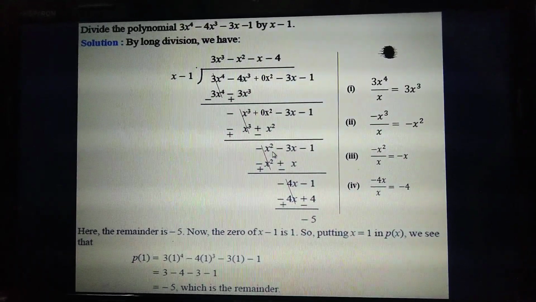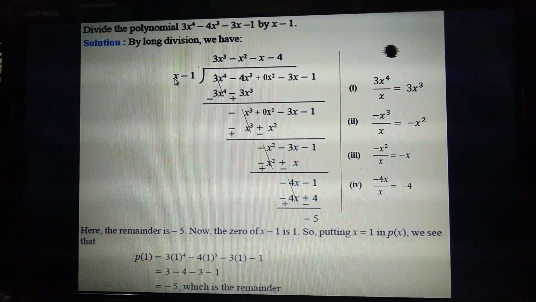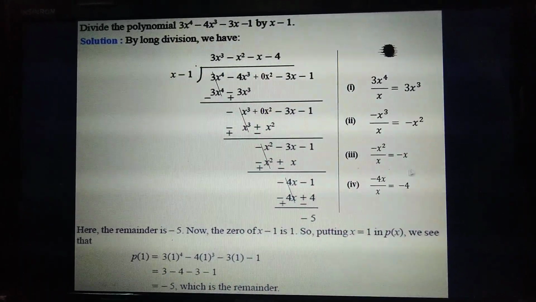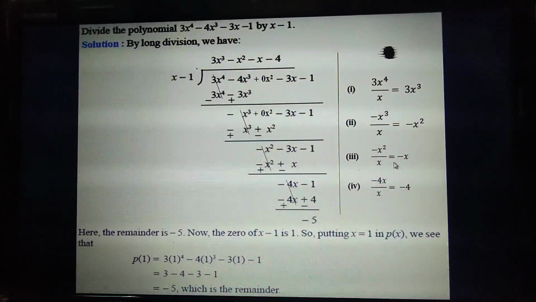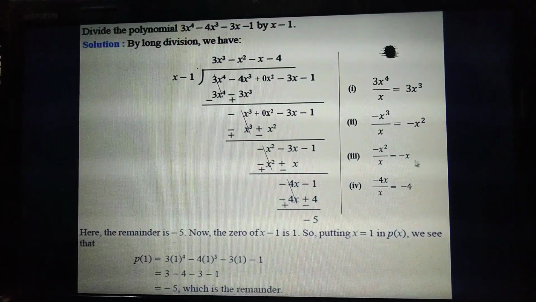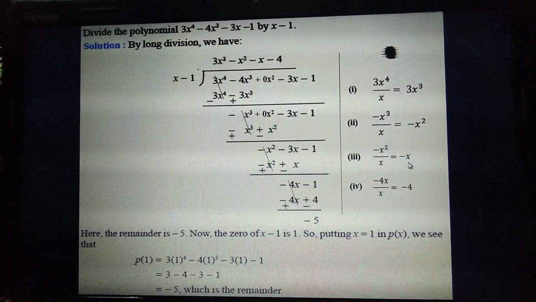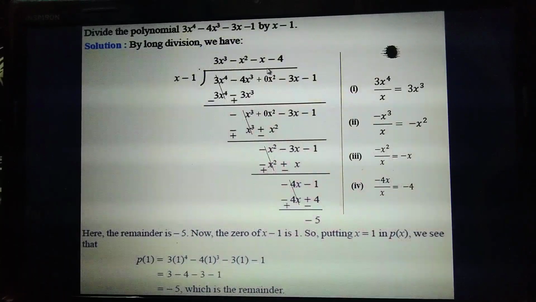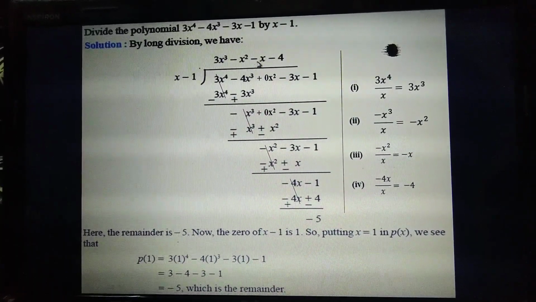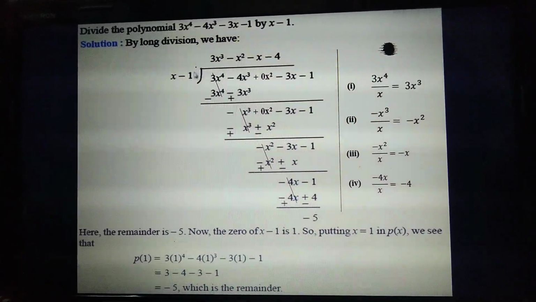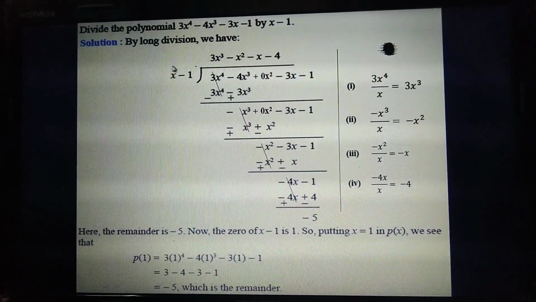Now this is a third new dividend. So again first term divided by the first term, that is minus x squared by x, which is equal to minus x. Minus x is the third term of the quotient. See here, minus x. With the minus x, we should multiply the divisor.